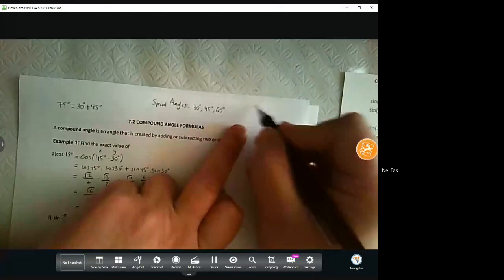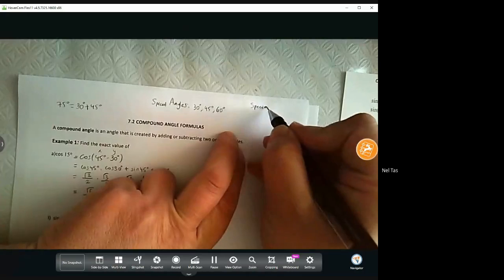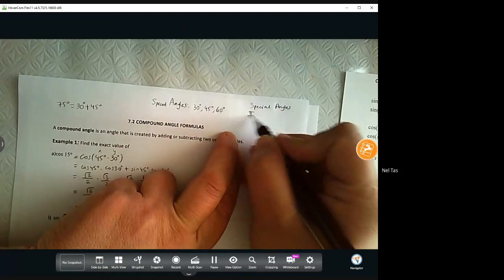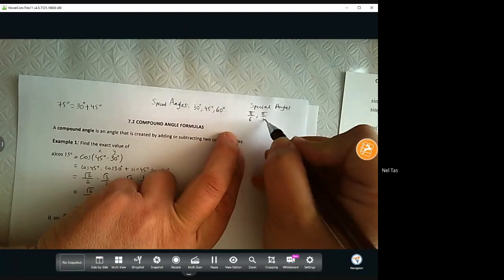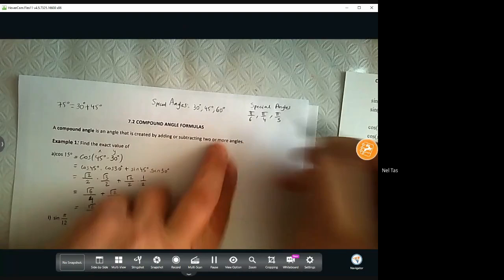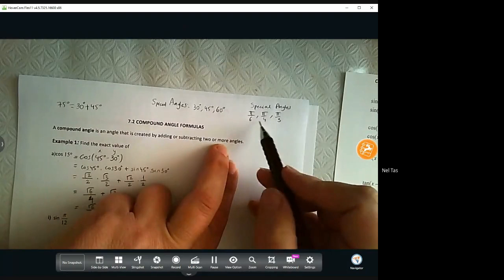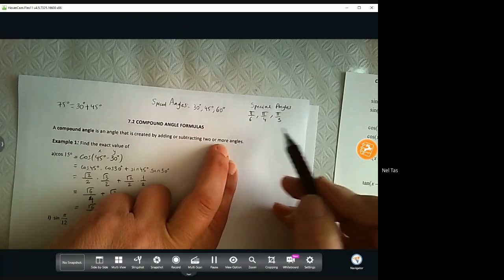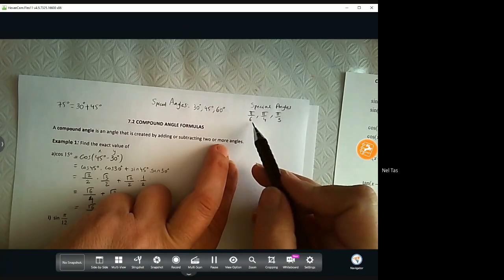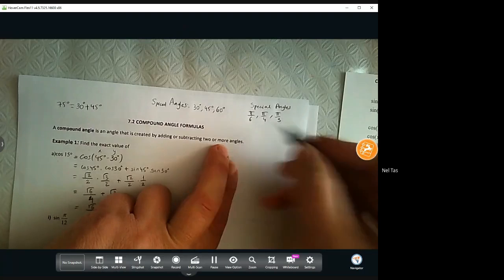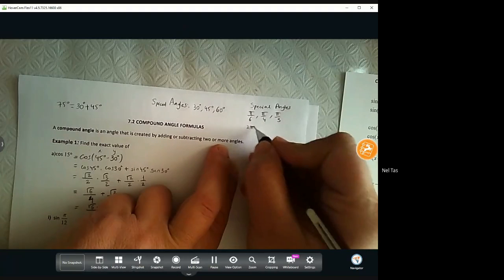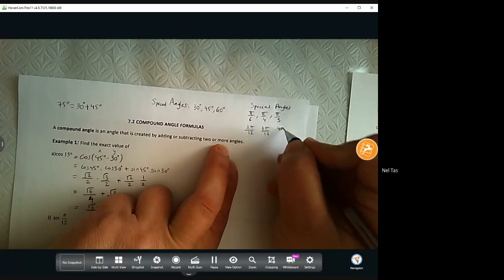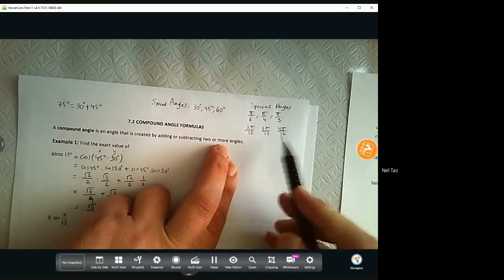These are your special angles in terms of radians: pi over 6, pi over 4, and pi over 3. We can write those three angles with the same denominator. Since 6, 4, 3 go into 12, we have 2 pi over 12, 3 pi over 12, and 4 pi over 12.